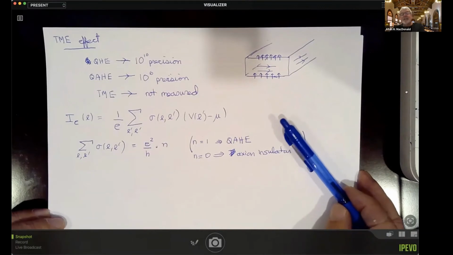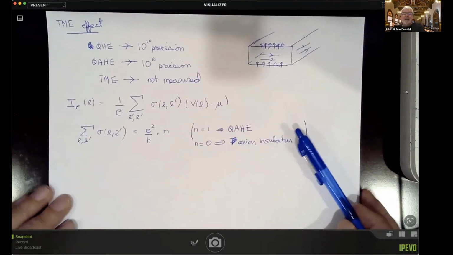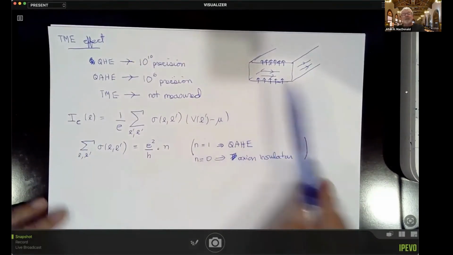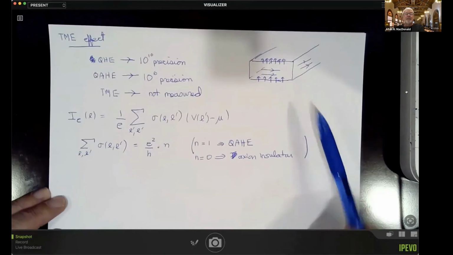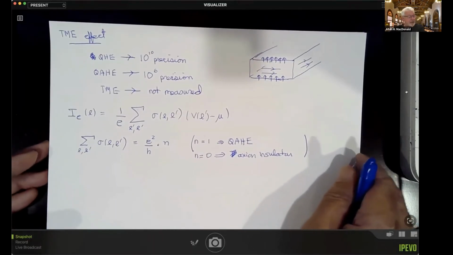So that will give an insulator also on the sidewalls. And so those states have been seen, which look like insulators. But the topological magnetoelectric effect has not been measured.